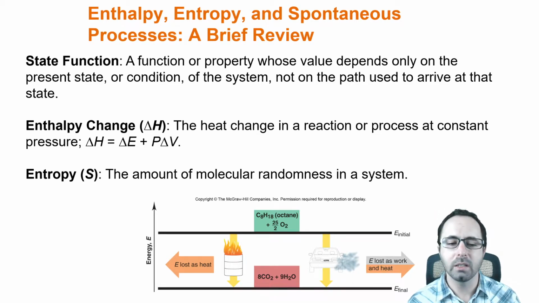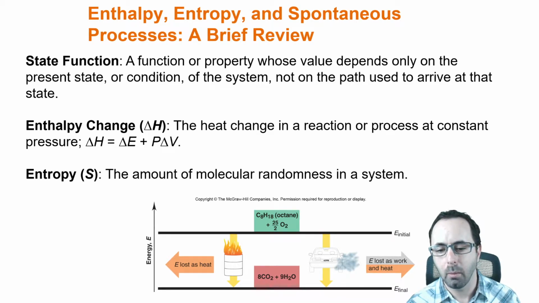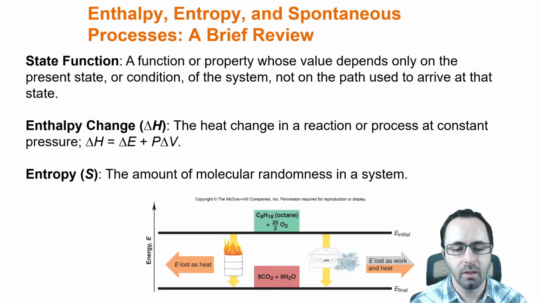There are actually various ways in which entropy can be described. This is one definition. If you go into the Wikipedia article on entropy, they'll probably give you a few more. But a really good way of thinking of entropy is just how random the particles in the system are and how much freedom they have to move around and move into new configurations.